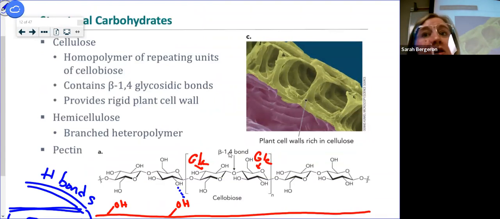When you eat plants, they have both starch and cellulose. You can digest the starch, but you can't digest the cellulose, even though that's the majority of the sugar inside a plant cell. We can't digest it, so that's the roughage. That's why when you eat things like celery, you're really not getting much out of it. You're just enjoying the chew.